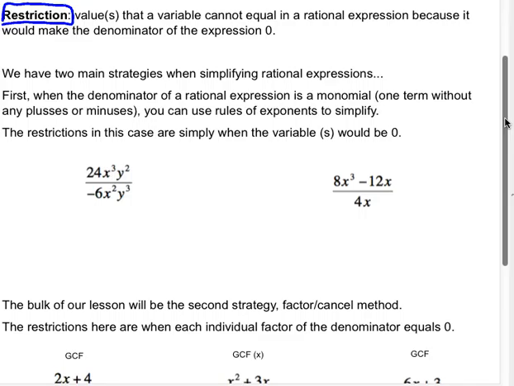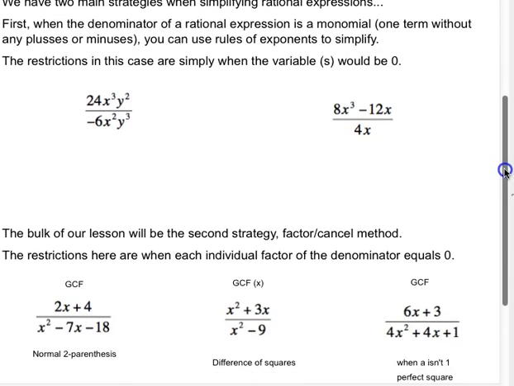Now, there's two main simplification methods. One of the methods deals with when you have monomials. So, when you're dealing with a monomial in the denominator, and what that means is no pluses or minuses on the bottom, just simplify the rational expression.